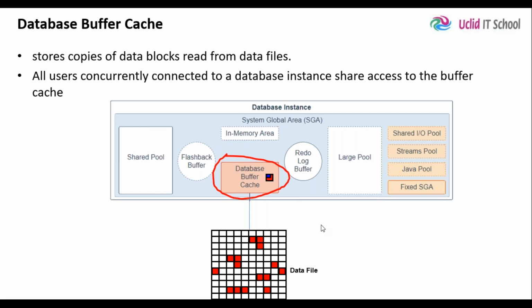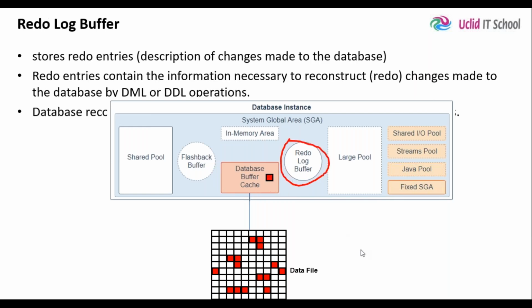You not only read the data, we change the data also, right? We modify the data. Suppose this block is modified. This blue portion indicates the changes made to the block. So that is what we are going to see in the next thing.